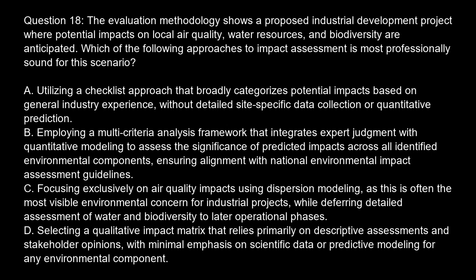Option C. Focusing exclusively on air quality impacts using dispersion modeling, as this is often the most visible environmental concern for industrial projects, while deferring detailed assessment of water and biodiversity to later operational phases. Option D. Selecting a qualitative impact matrix that relies primarily on descriptive assessments and stakeholder opinions, with minimal emphasis on scientific data or predictive modeling for any environmental component.